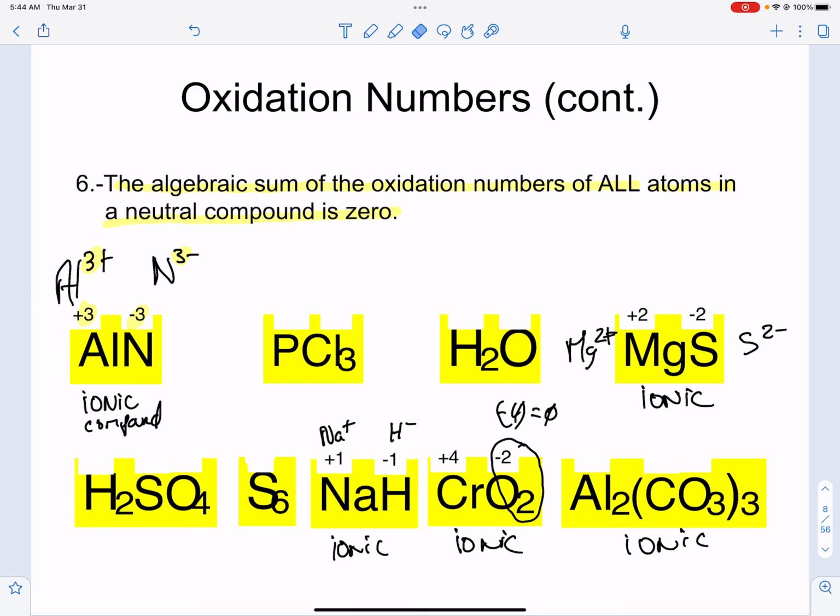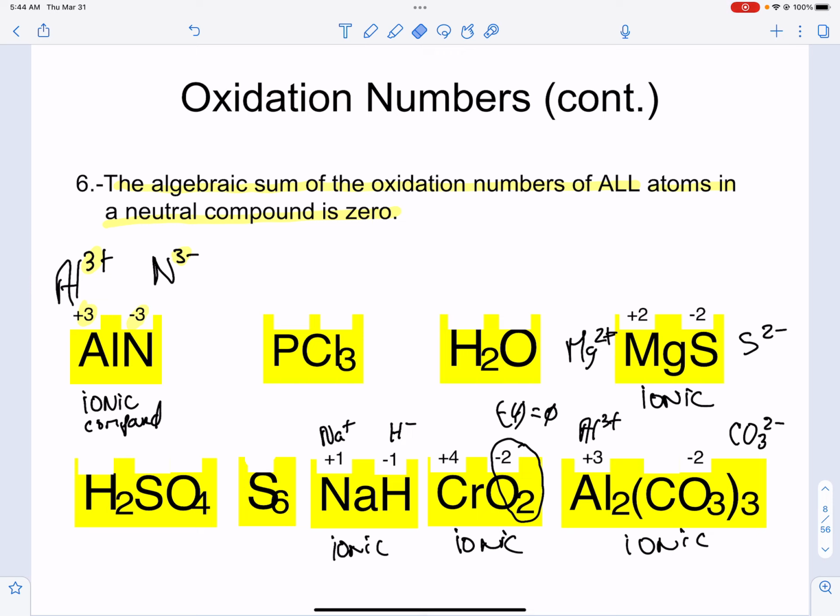And then over here, we know that oxygen is -2, and we know that this is carbonate, which is 2-, and this is aluminum, which is 3+. So the aluminum will have to be +3.